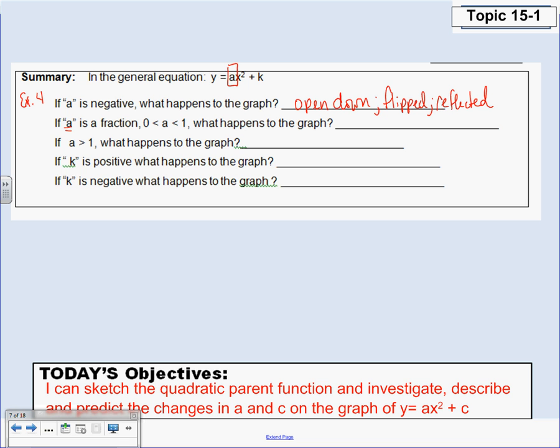If a was a fraction, and this is saying a is between 0 and 1, that means it is a positive number less than 1. That's all that means. So I'm looking for a fraction that is positive and less than 1. This is like example 3. We saw that the fractions caused our graph to get wider. So it's wider, or we can say that it shrinks.